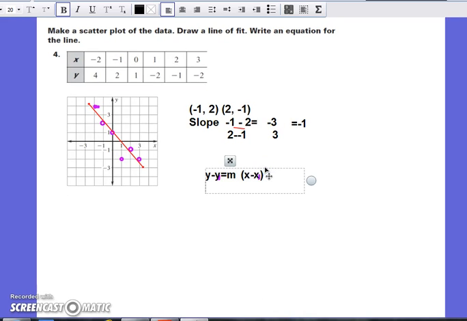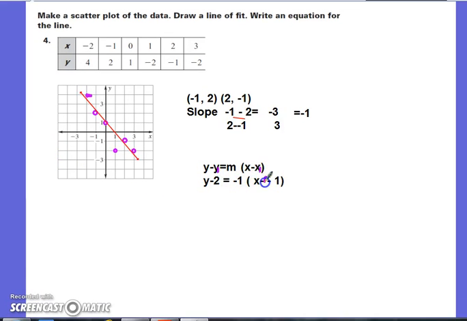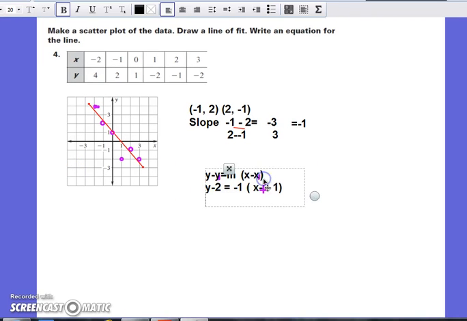We're going to say y minus 2 equals my negative 1 for my slope times x minus a negative 1, which is simply going to make this a positive in here, and that's going to give you y minus 2 equals negative 1x.